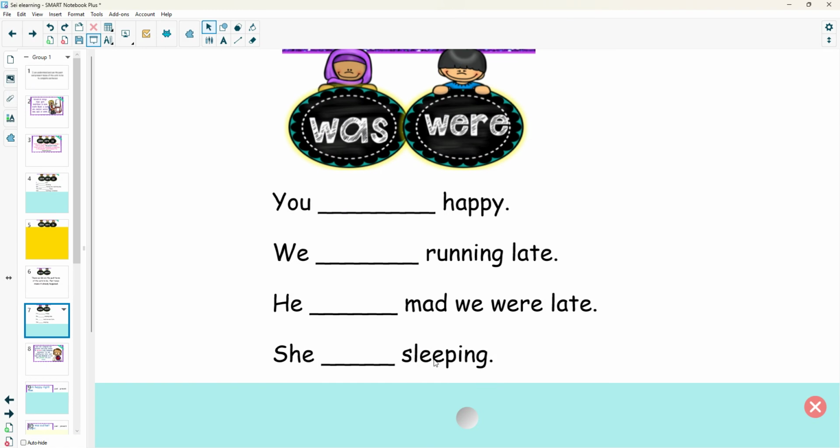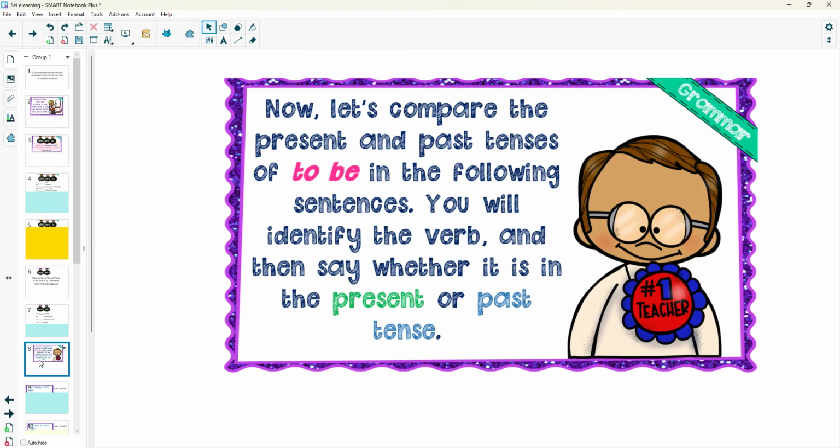She blank sleeping. What's the correct past tense verb that would complete this sentence? Read it with me. She was sleeping. Nice work.